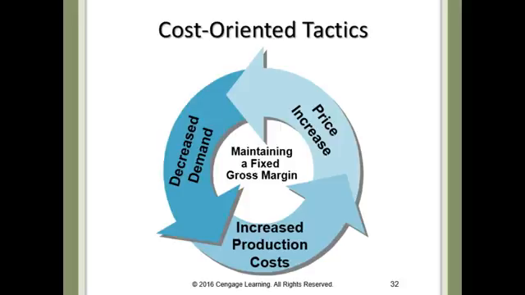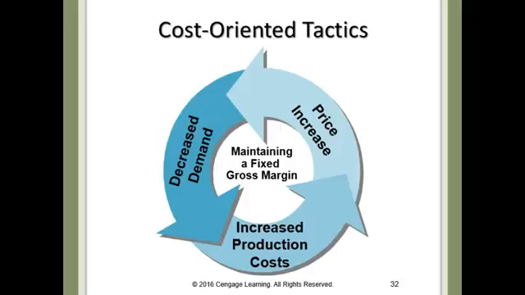Cost-oriented tactics, this is just a vicious cycle here. Now, if you start where it says price increase, a price increase is going to result in demand going down. Think about the law of supply and demand, the law of demand specifically. The higher the price, the lower the demand for that product.